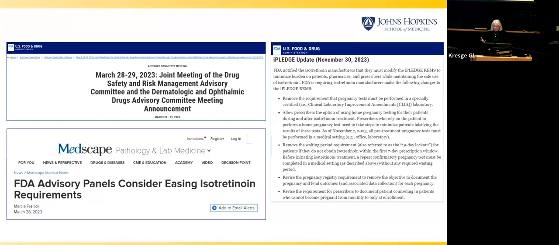There are some updates that were put in place, from what I see on the website, on November 30th, 2023. It really made me realize how challenging this must be at the FDA, trying to find that fine line. The dermatologists were saying it's so hard to get our patients on this medication when they need it, and not have them lose access, but also to prevent pregnancies.